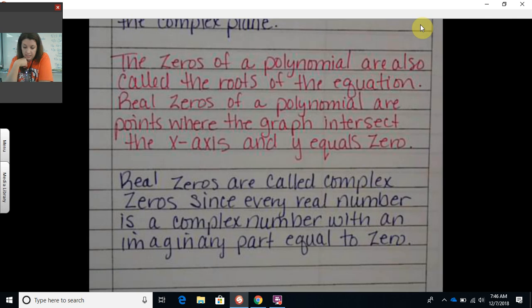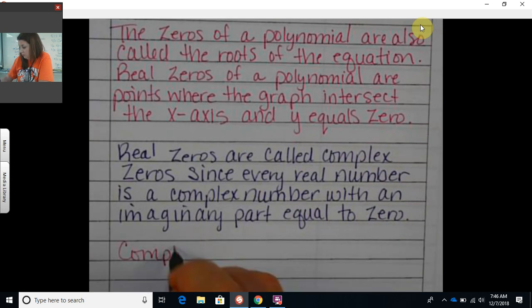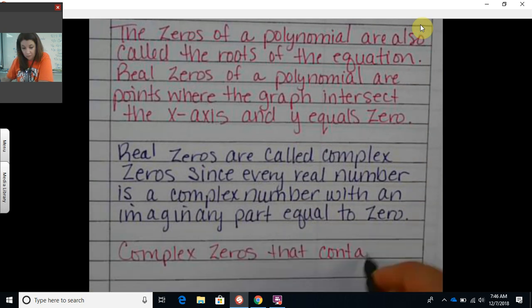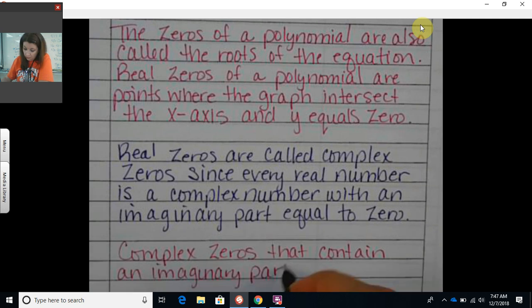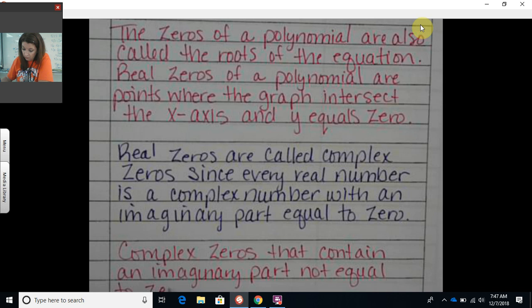And then one more thing to know about the fundamental theorem is that complex zeros that contain an imaginary part not equal to 0 are not visible on the graph.